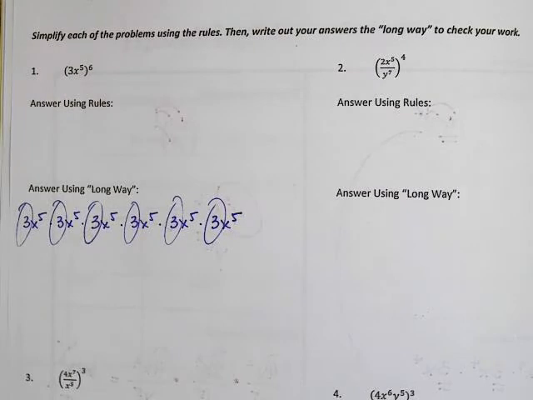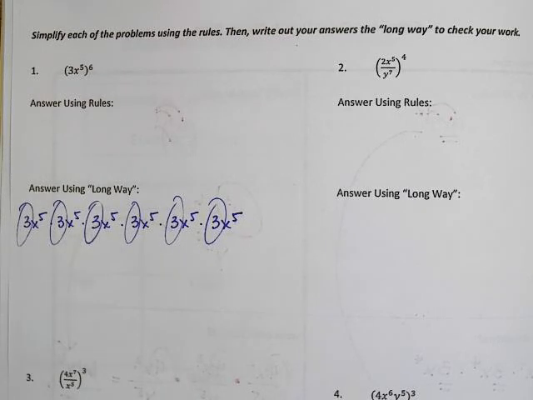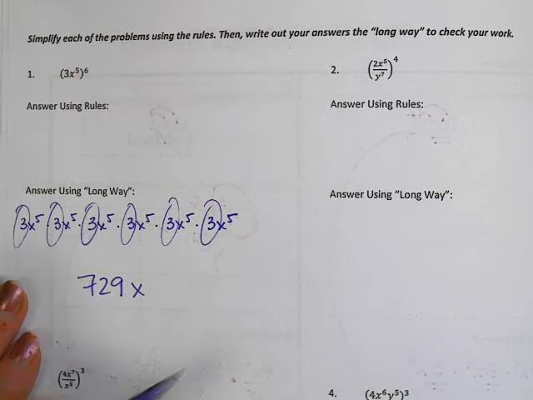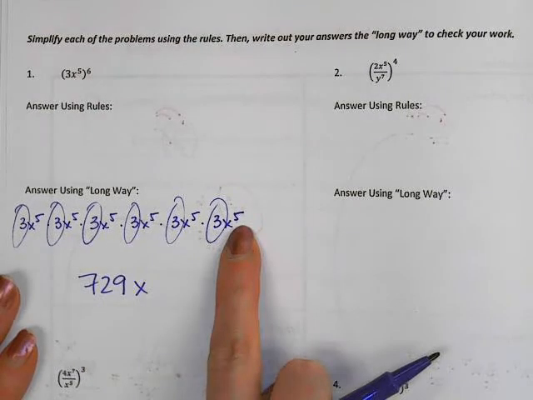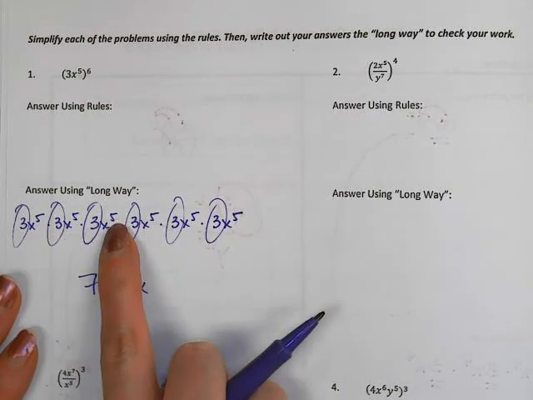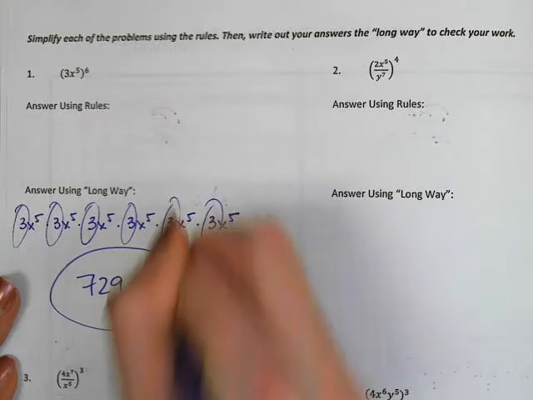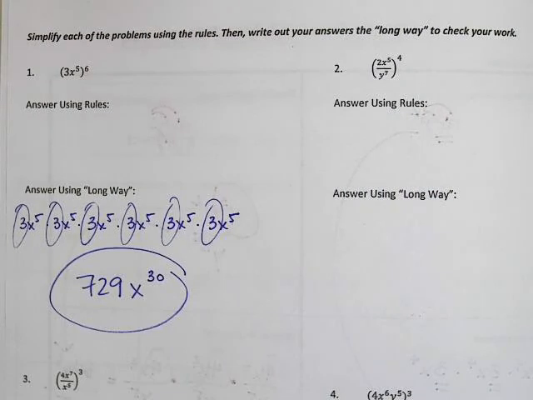I need a calculator. 729, okay? And then when you're multiplying x's, you add. 5 plus 5 plus 5 plus 5 plus 5 plus 5 is 30. Okay, so here's the answer the long way.